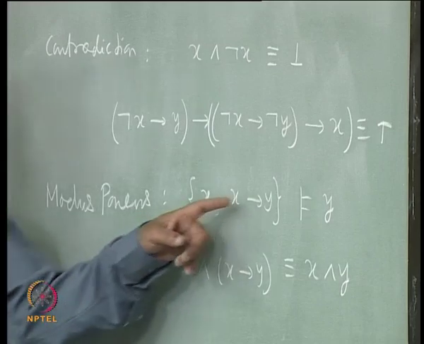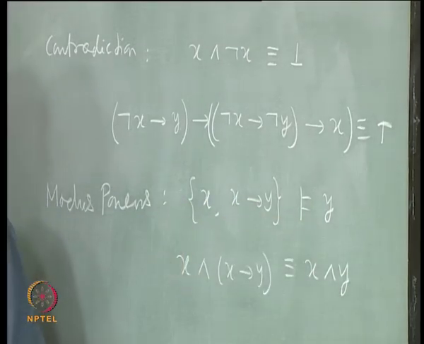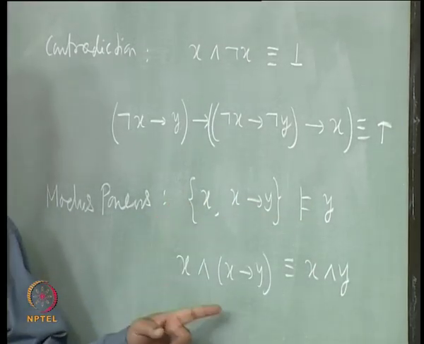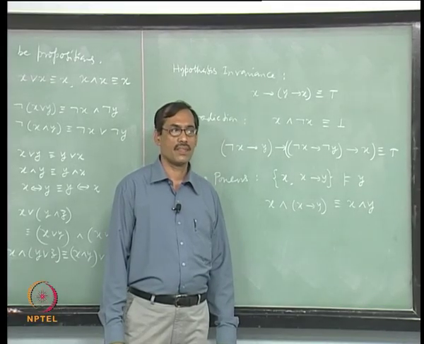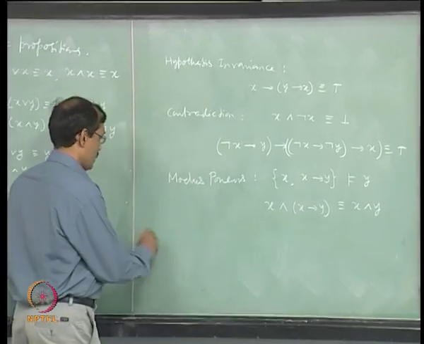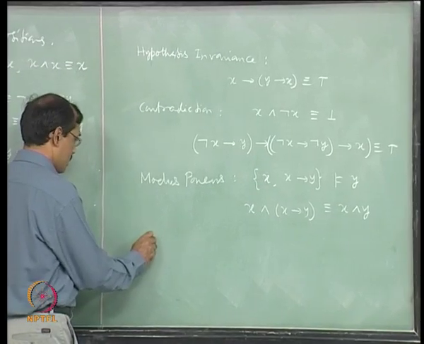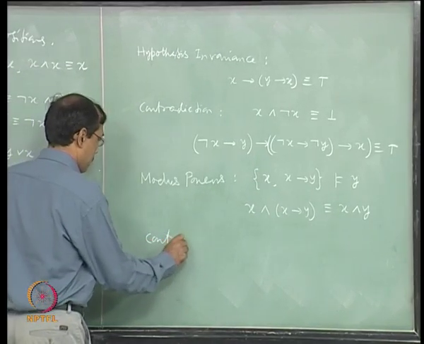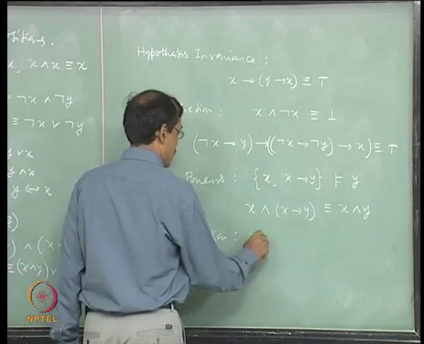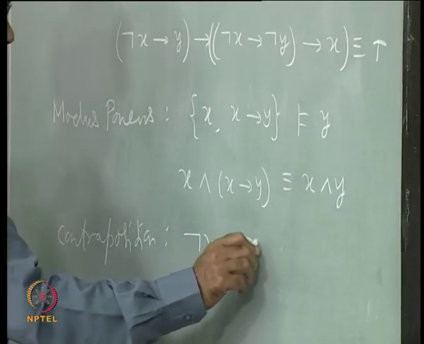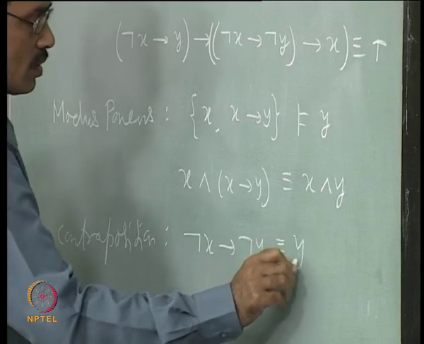In this consequence you are not showing x, but x is still there once you assume this, therefore, you can write it is equivalent to x and y. Okay. Then there is something called contraposition, which says not x implies not y is equivalent to y implies x.